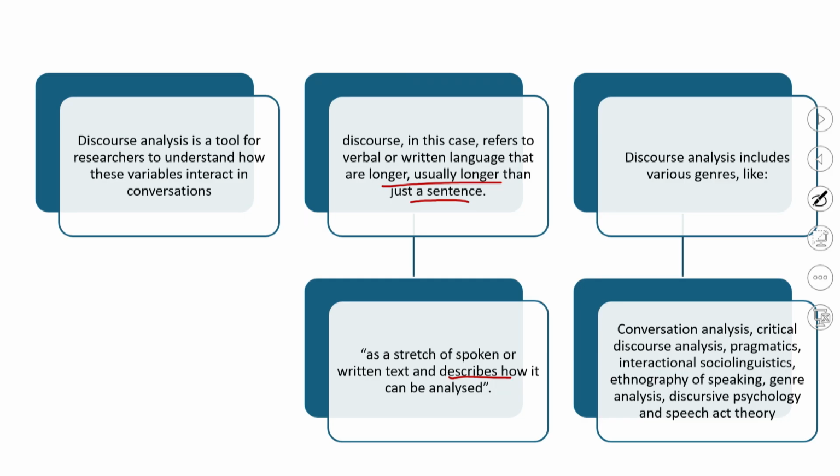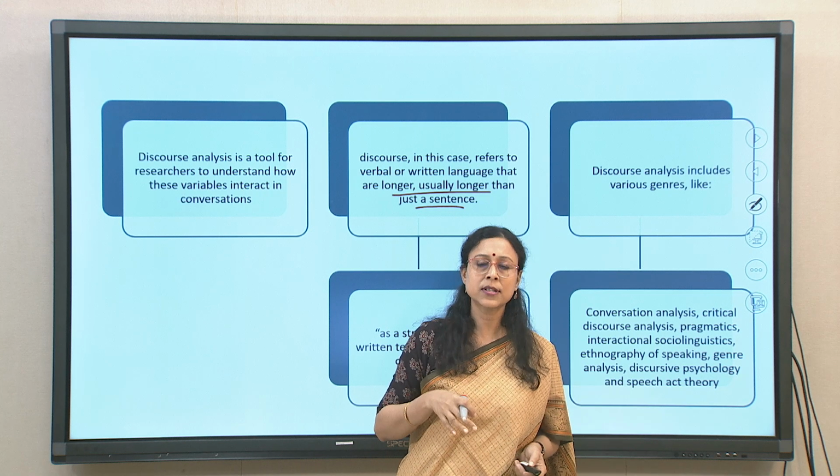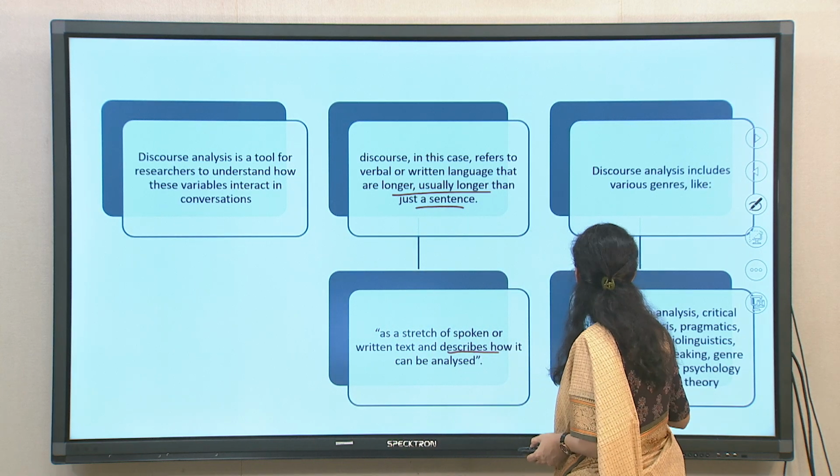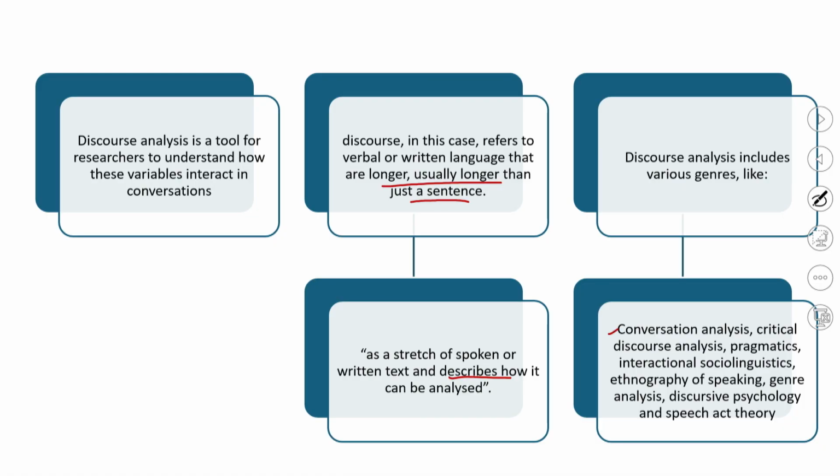Now, based on what we are looking at, based on the variables that we are focusing on, discourse analysis can have many genres. We have included some here: conversation analysis, critical discourse analysis, pragmatics, interactional sociolinguistics, ethnography of speaking, genre analysis, discursive psychology and speech act theory.